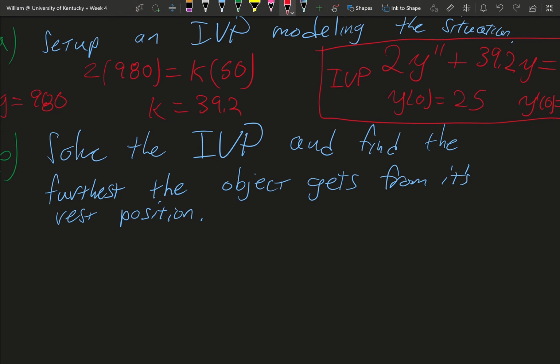For part B, we should get as our general solution y equals c1 cosine of the square root of 19.6 times t plus c2 sine of the square root of 19.6 times t.